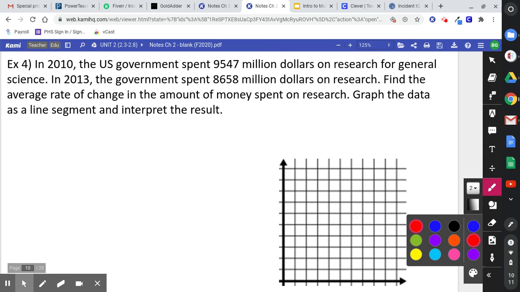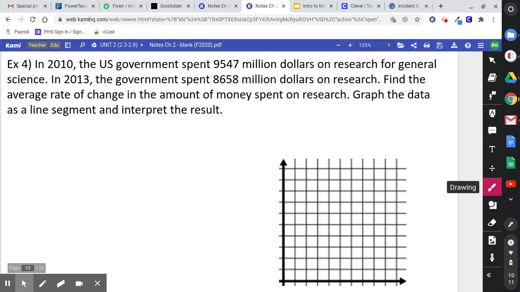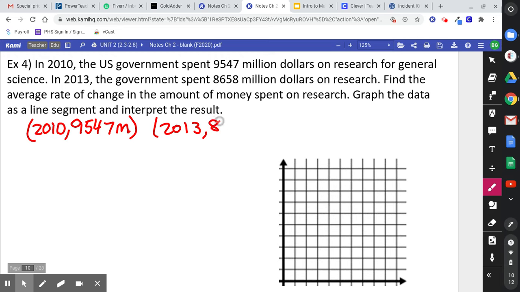So what I like to do is think of this as ordered pairs. In 2010, they spent this amount of money in millions. And in 2013, they spent this amount of money in millions. So it's really just two ordered pairs, average rate of change. We're talking about the slope. We're going to find the slope between those 2 points.